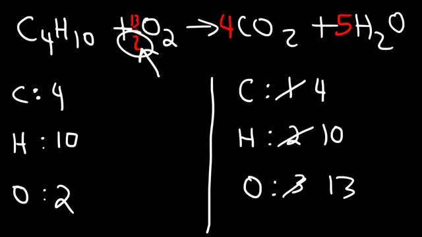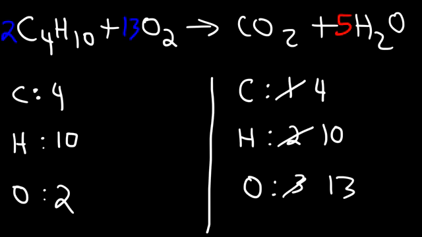So what we're going to do is multiply everything by 2. 13 over 2 times 2, the 2's will cancel, and so this is going to be 13 now. Here we had a 1, but we're going to multiply that by 2. So every coefficient that we see, we're going to multiply by 2.